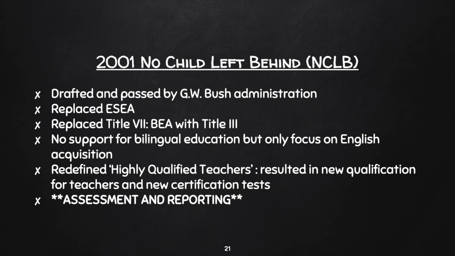And this is really when states started to be required on a federal level to test students, to report testing results, to disaggregate students into different populations, to collect tons and tons of testing data. And this really is when the wave of testing was introduced on a federal level.